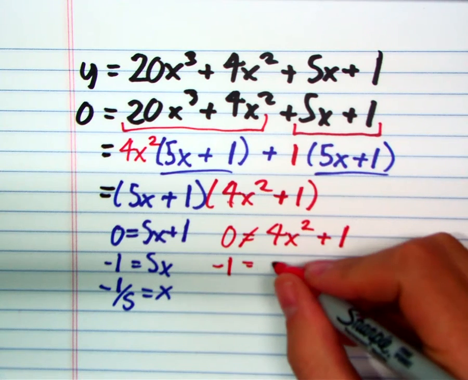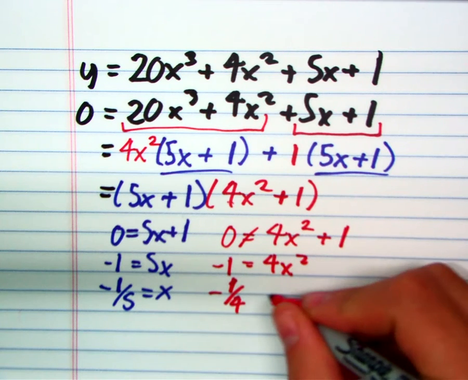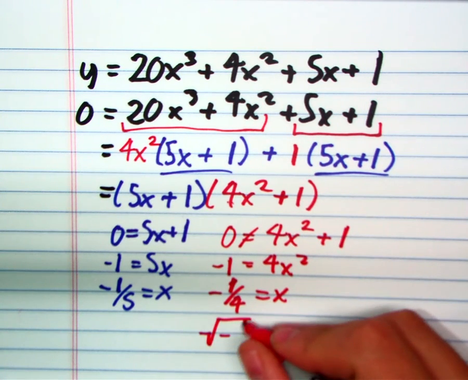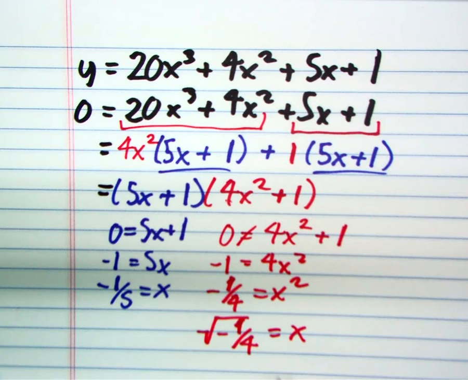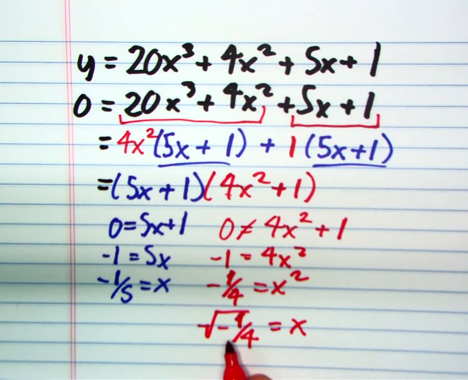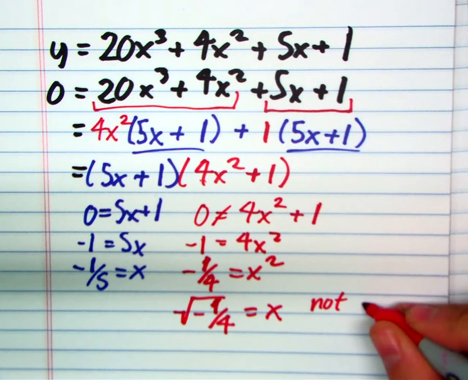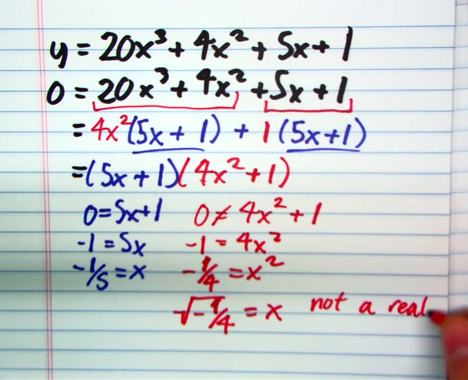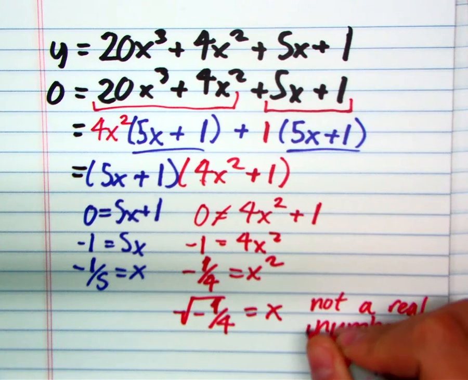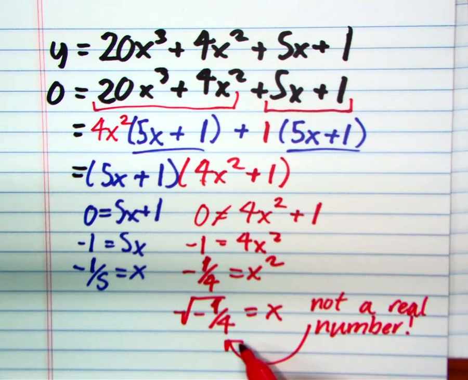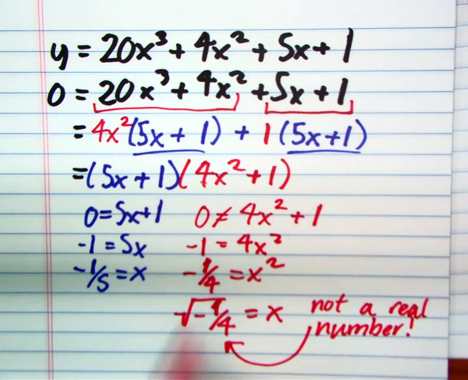You don't actually have to do this, but if you subtracted 1 from both sides, and if you divided both sides by 4, and if you took the square root of both sides to try to solve for x, you'd have that x is equal to the square root of a negative number. And we know that that does not give you a real number. It gives you what's actually called an imaginary number, which means that there are no real roots for this sum of squares equation, as we learned last video.